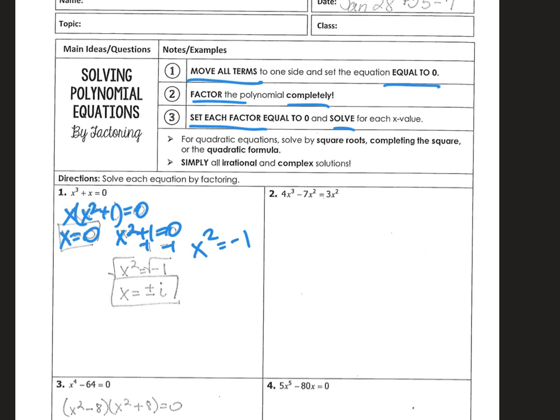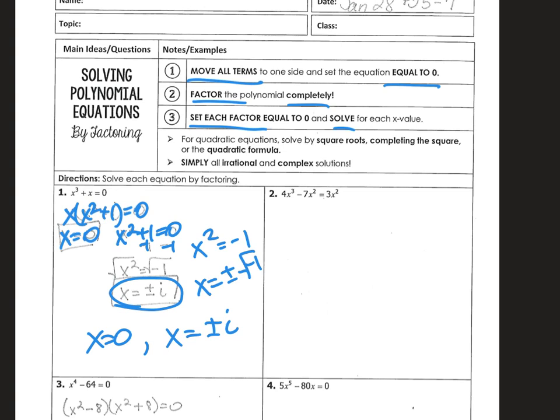I took the square root of both sides, and I get x equals plus or minus the square root of negative 1, which then reduces to x equals plus or minus i. And it's i because it's a square root of a negative, so it's an imaginary number. So I have one real solution, x equals 0, and then I have two imaginary solutions of plus or minus i.